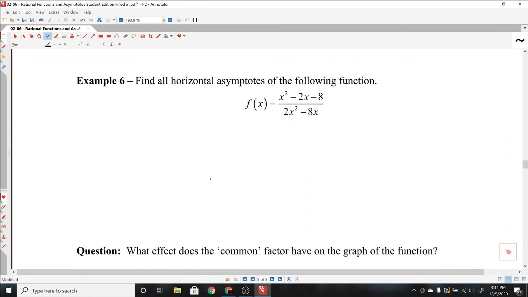Right? So in a case like this, what we want to do is take the function and factor, so I get x minus 4 and x plus 2. In the denominator, I have a factor of 2 and an x. I'm going to take that 2x out, and that gives me an x, and that gives me a minus 4.